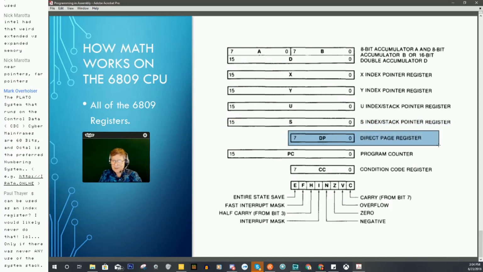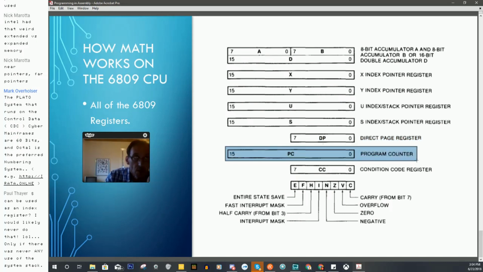It's basically a way to access memory in shorthand. It saves time and saves data and makes the code smaller. Instead of you having to have a 16-bit address, it takes the MSB for you. That's something that we definitely want to cover in a later lesson. We don't want to overdo it today.